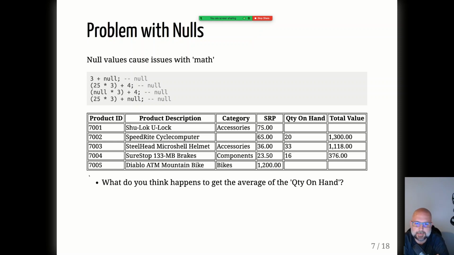Taking that math calculation a step further, if you look at this table below, straight out of the book, you'll see product IDs, product descriptions, categories, SRPs (suggested retail price), quantity on hand, and total value. What do you think would happen if you tried to get the average of all the values in the quantity on hand column? Null. Yep.